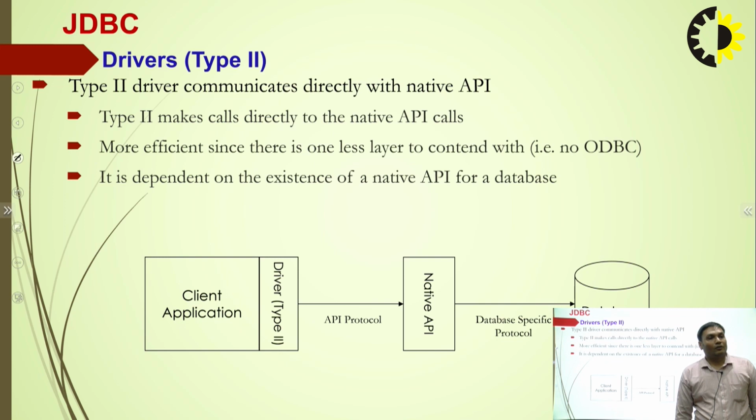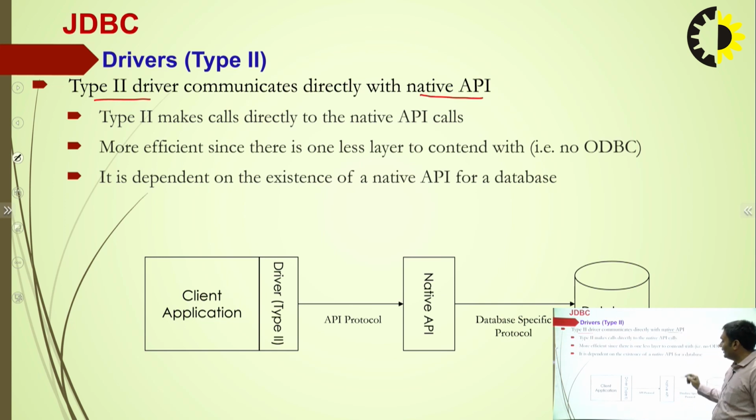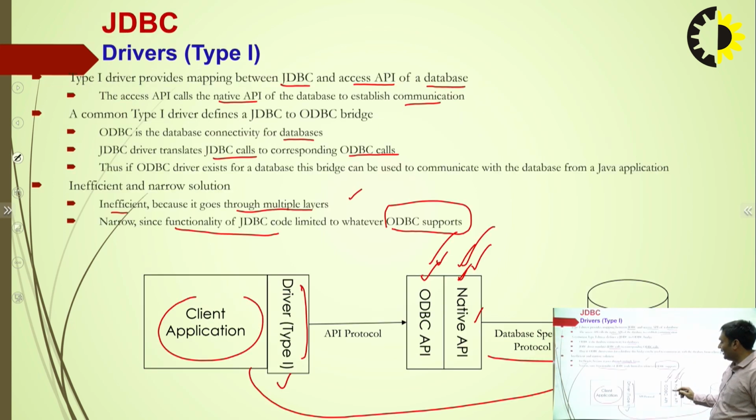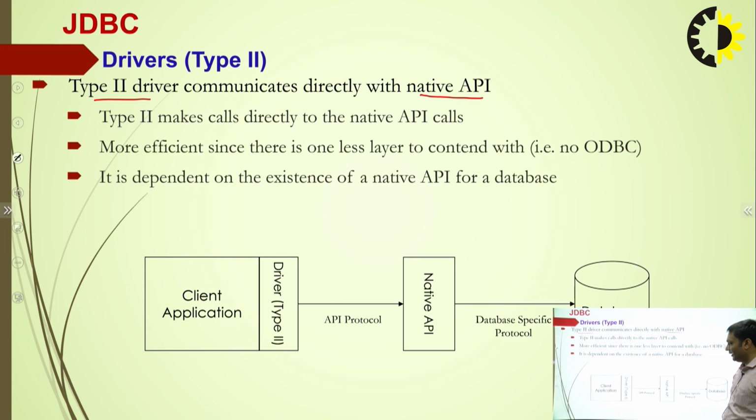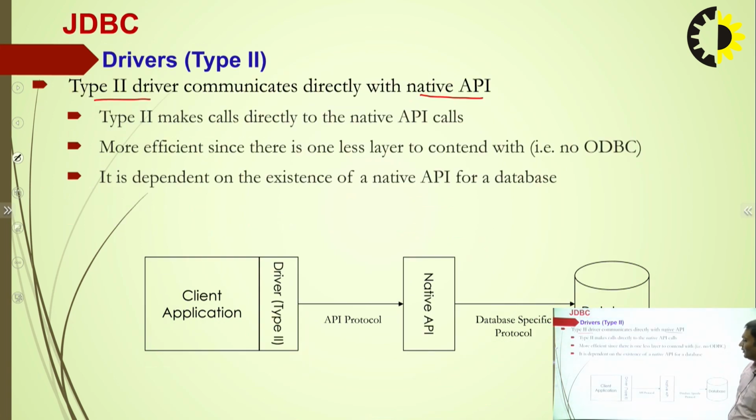So to overcome this limitation, there is a second type of driver, named type 2 driver. Now, type 2 driver communicates directly with the native API. So you can see there is no ODBC API as it was present in type 1 driver. So the ODBC API and native API are merged in this type 2 driver.